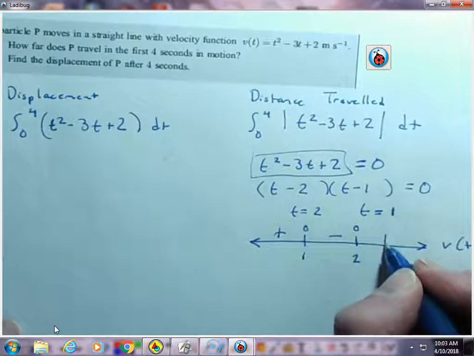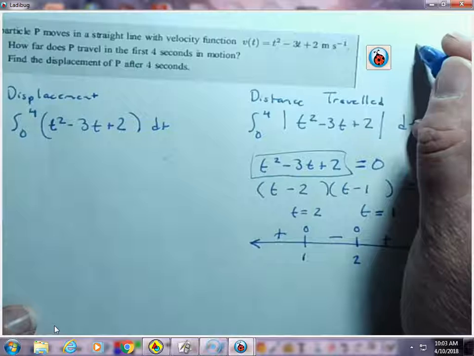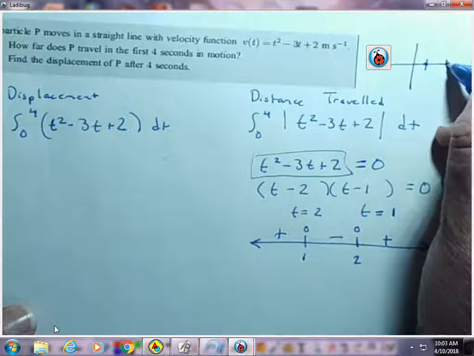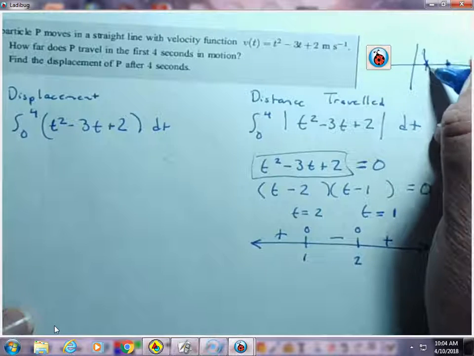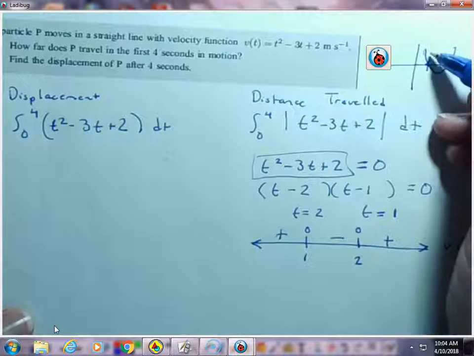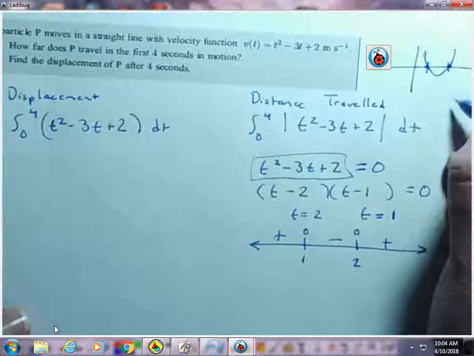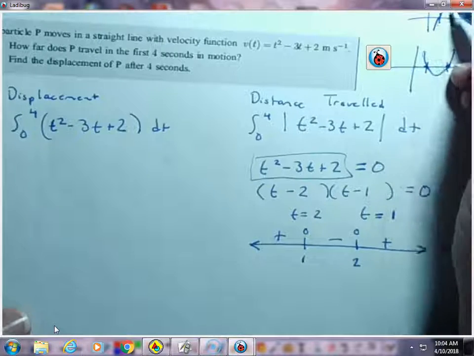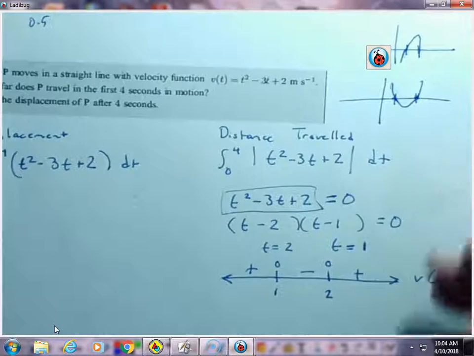Yes. So if you remember, Eleanor's rule is just saying, hey, you know it's got a 0 at 1 and a 0 at 2. If you know it's a parabola going up, it's going to have to be above the x-axis, below, and above. Positive, negative, positive. If it had been an upside-down parabola, it would have been negative, positive, negative. Okay?